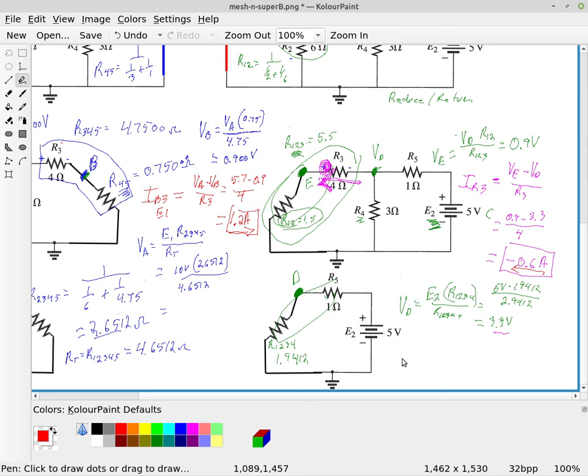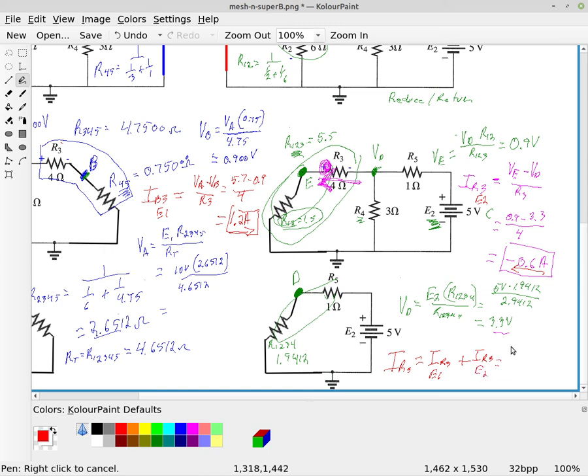So now, using superposition, we can say that the current through the resistor, this was due to the 5-volt source, or E2. So I R3 total is I of R3 due to E1 plus I of R3 due to the second voltage source.